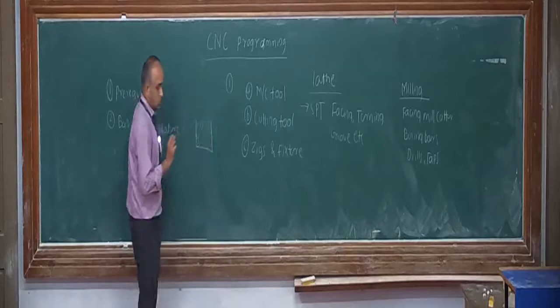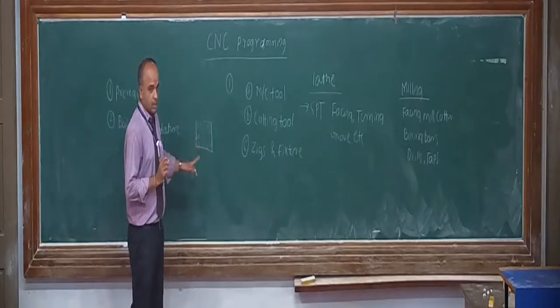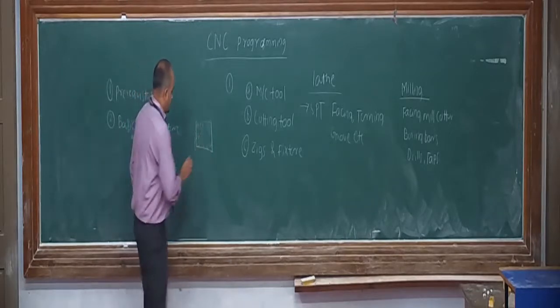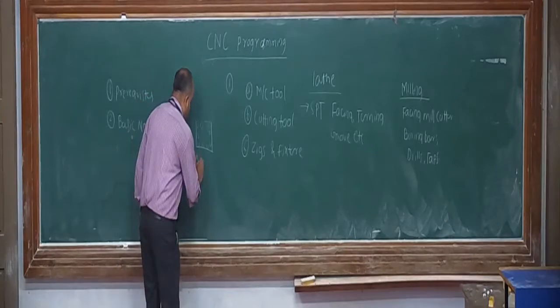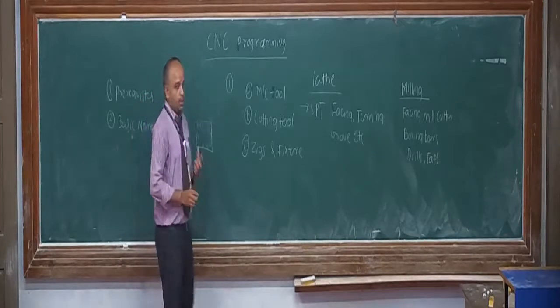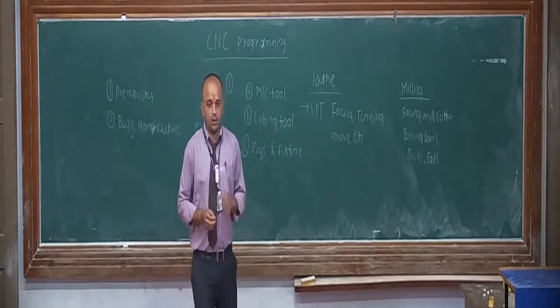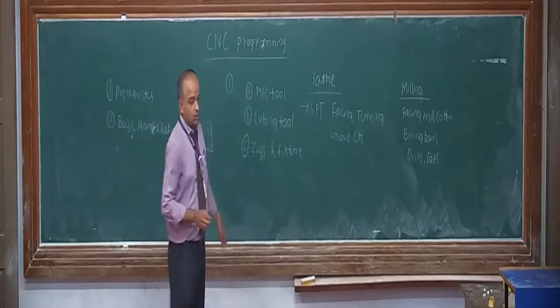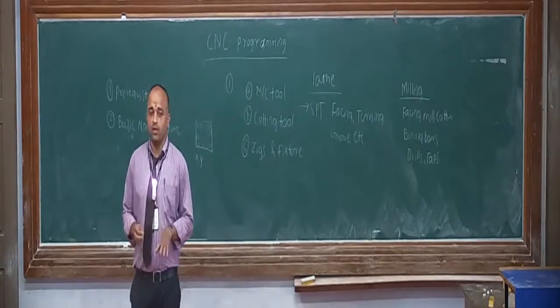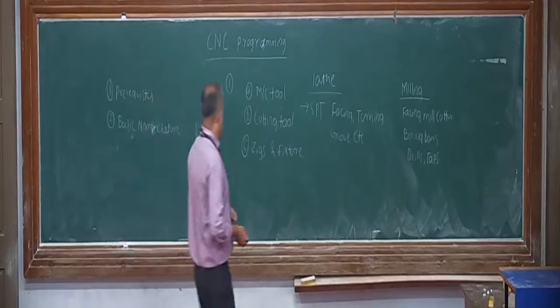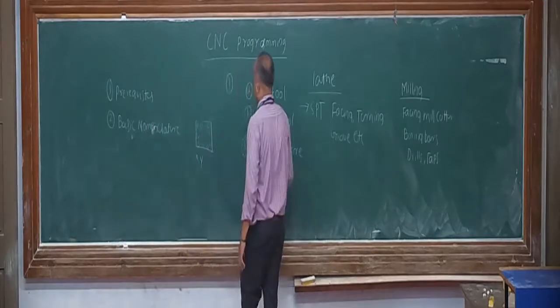If I want to do the drilling of this, what is important is the x quadrant and the y quadrant. Every time going on measuring the x quadrant and y quadrant for so many holes for every workpiece becomes very difficult. In that condition, what they do is they put a jig. What is a jig? Jig is nothing but a plate.